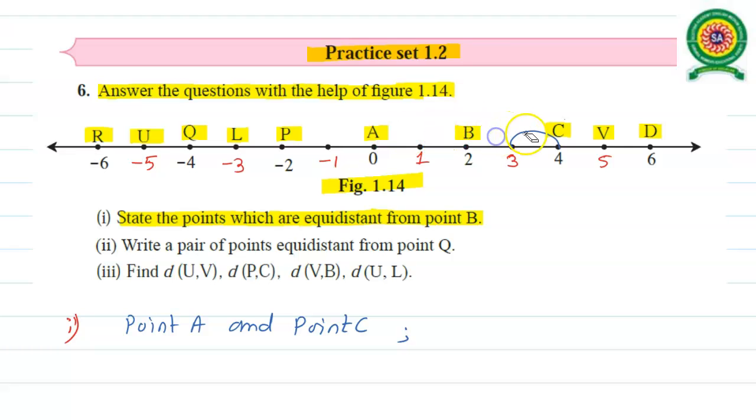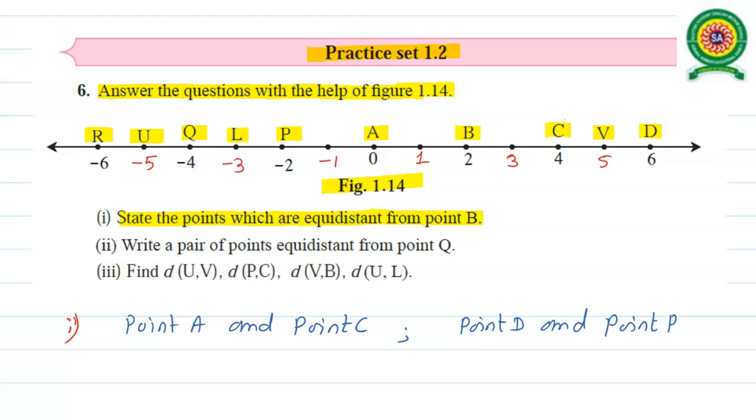Once we go towards the right of point B by 1, 2, 3 and 4 unit places, and towards the left of B 1, 2, 3 and 4, we can write here point D and point P are equidistant from point B at 4 unit places. That means 4 units apart from point B towards the left and towards the right.